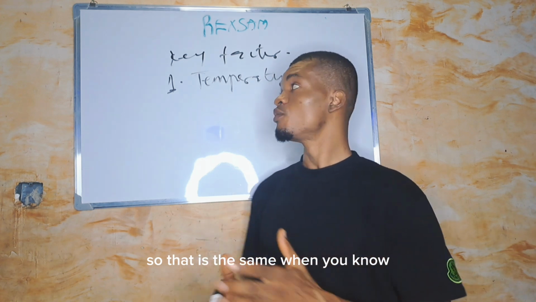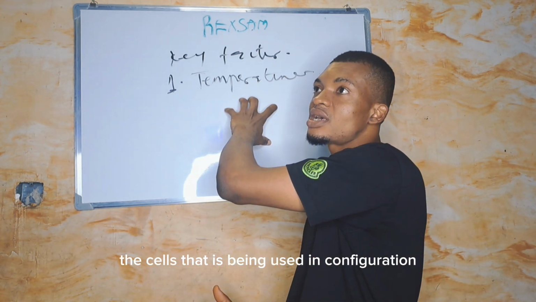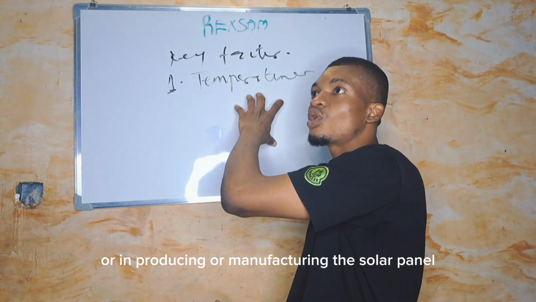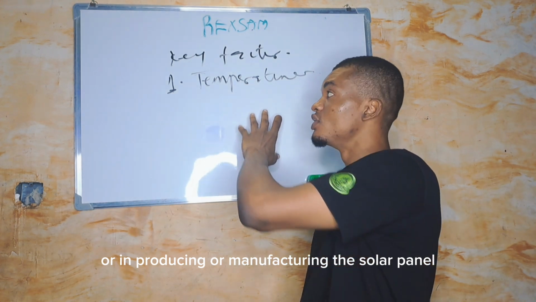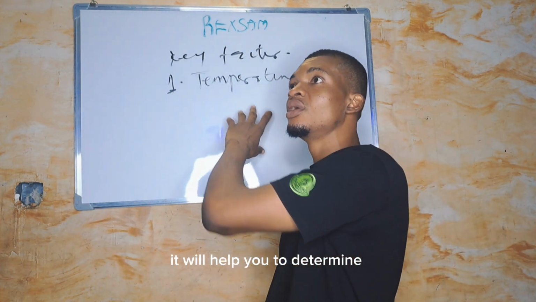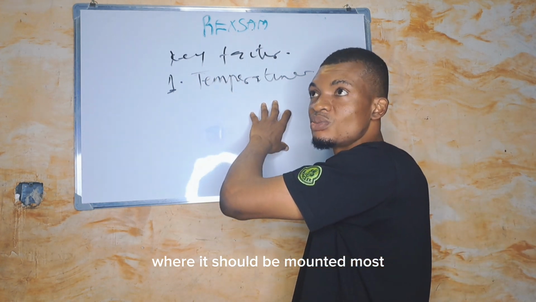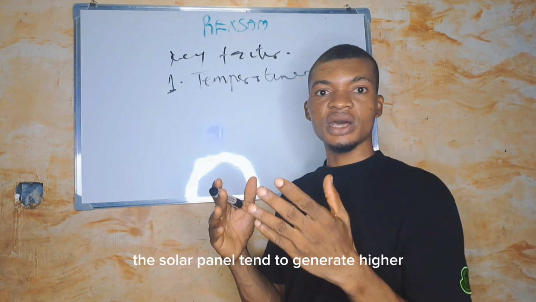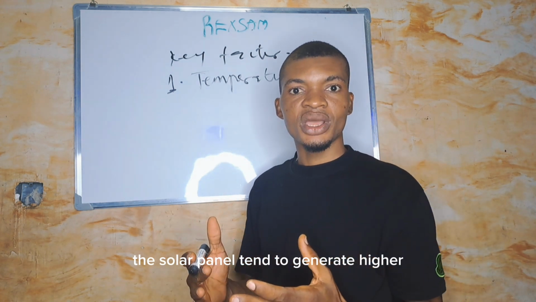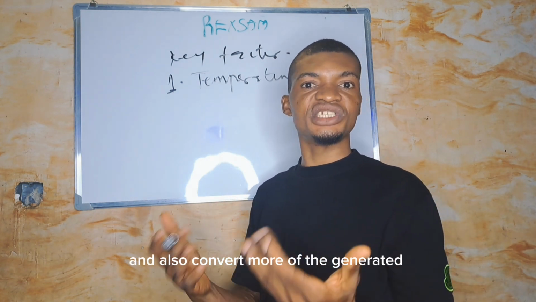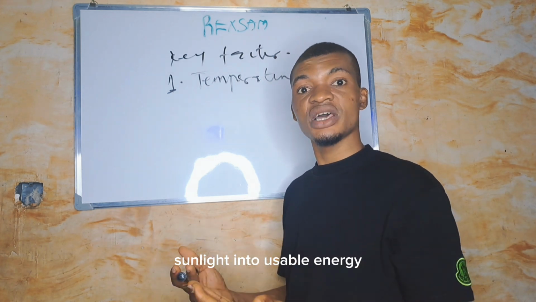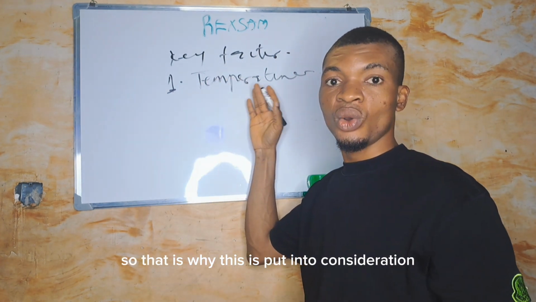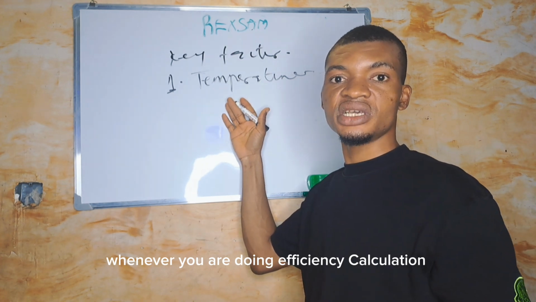So that is to say, when you know the cells that are used in manufacturing the solar panel, it will help you to determine where it will be mounted. Most times, you see that in a sunny period, the solar panel tends to generate higher and also convert more of the generated sunlight into usable energy. So that is why this is put into consideration whenever you are doing efficiency calculation.